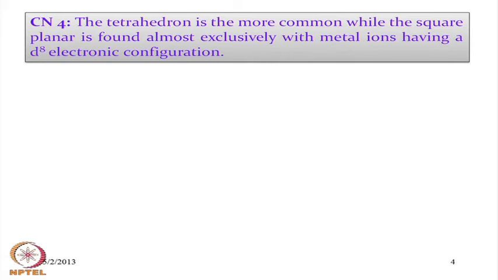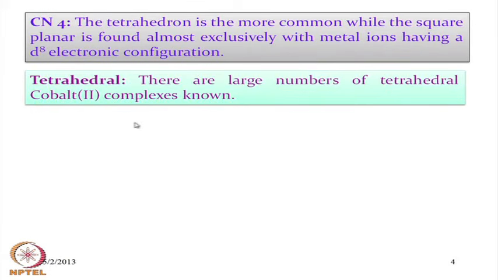So, if we have a d8 electronic configuration, we think that we can have the square planar geometry. The other alternative is the tetrahedral geometry, and in the case of cobalt we can have a large number of tetrahedral cobalt 2 complexes.